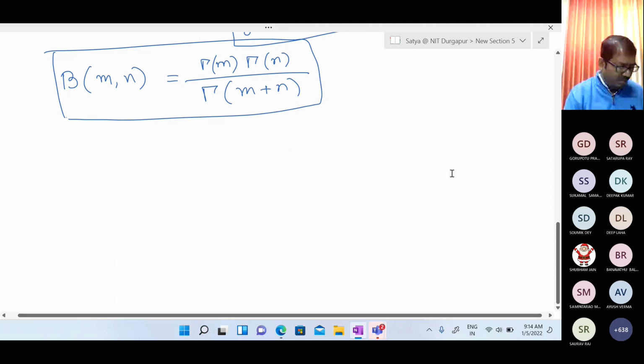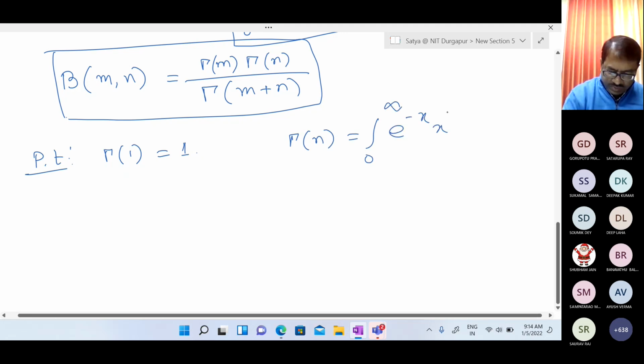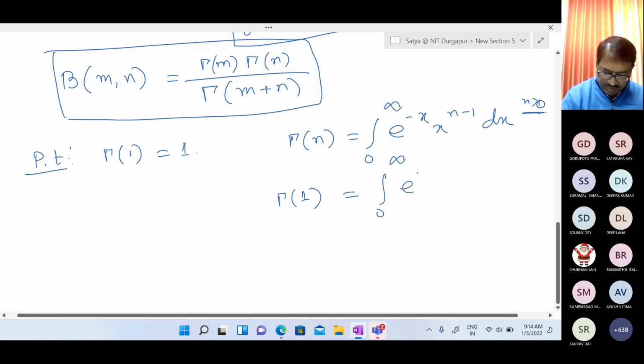So next property: prove that gamma of 1 equals 1. To prove this, we can start from the definition. We know that gamma of n equals the integration over 0 to infinity of e to the power minus x, x to the power n minus 1 dx, where n is greater than 0. Sorry. For gamma 1, we put the integration over 0 to infinity of e to the power minus x, x to the power 0, dx.